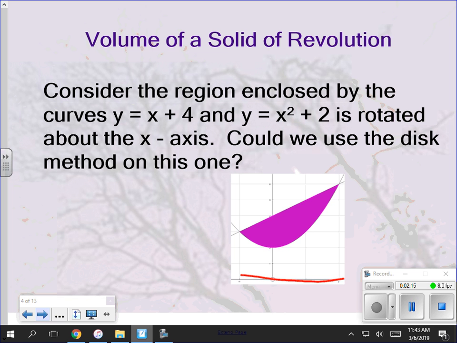You can't, because for the disk method to work, it has to be a solid disk for the cross sections that you slice it into. The axis of rotation and the boundary of your object have to be the same to use disks. I can't use disks on this. This is the washer method. We will come back to this in a little bit because we're actually going to figure out that volume.